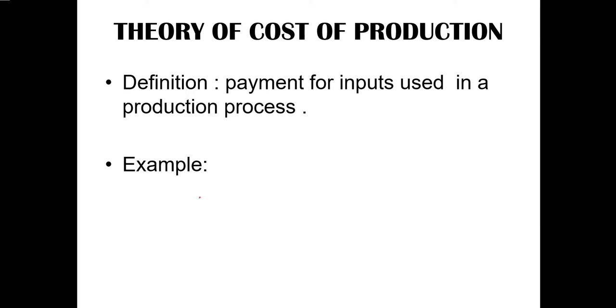Before this, when we learned about production, we said that the function to produce output uses two types of input, which are capital and also labor. In the short run, the capital has a bar, meaning that it is a fixed input, tak berubah kan.